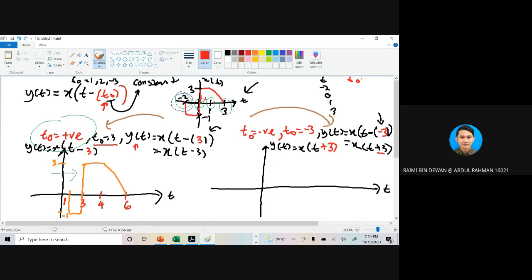So this is the t. You can just put t prime, that is the new t. So here -2 plus 3. Sorry, it's not plus, it's minus. Forgive me. So it's -3.